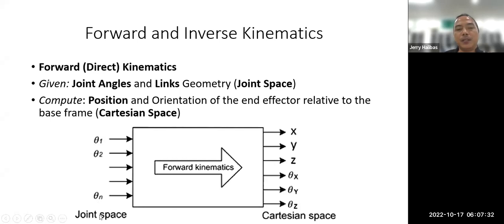This joint space is converted to, or computed as, forward kinematics to get your X, Y, or Z, or in Mitsubishi terminology, A, B, and C. A is the rotation along X, B is the rotation along Y, and C is the rotation along Z. So it is a conversion from joint to Cartesian space. Okay?